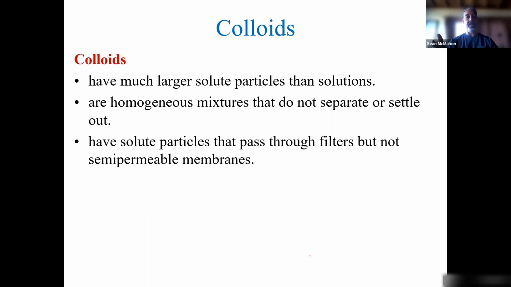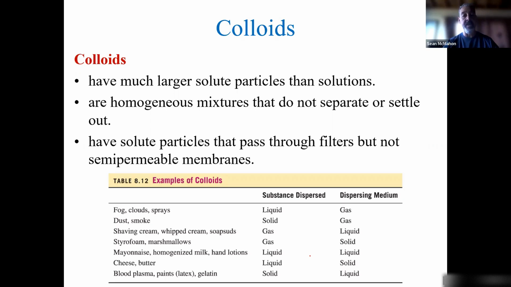They're still pretty much invisible to the human eye, but they're larger particles. They can pass through a filter, but they cannot fit through a semi-permeable membrane. So you would need, for example, some type of protein pump or channel. An integral membrane protein would allow these larger particles to come out. So what are some examples?